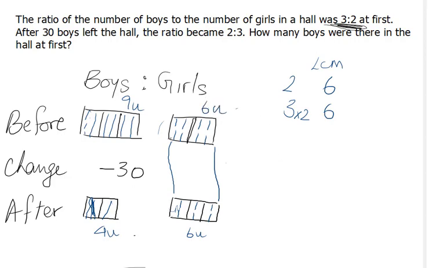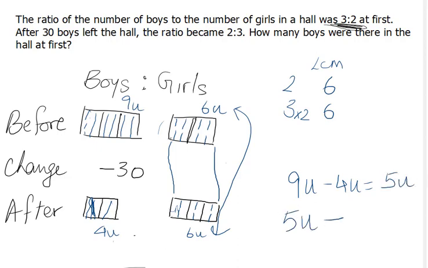So it clearly shows you that there is no change in terms of numbers because there were no girls who left the place. And here there is a change. 9 units became 4 units because 30 boys left the hall. So 9 units minus 4 units gives you 5 units, and these 5 units represent 30 boys.